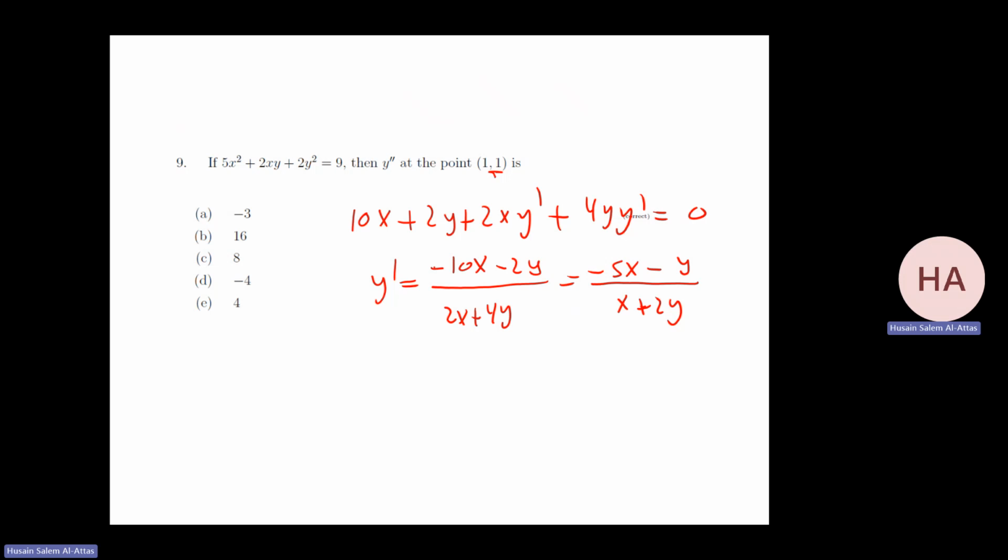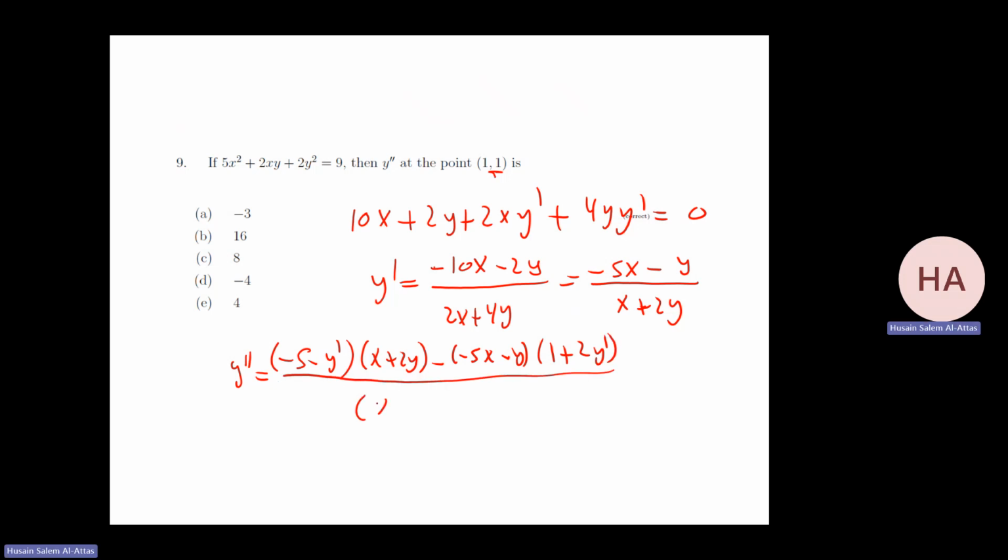Now find y double prime. The same idea. Y double prime will be what? Derivative of the numerator, minus 5 minus y prime, times the denominator minus the numerator, which is 1 plus 2y prime, over the denominator squared.